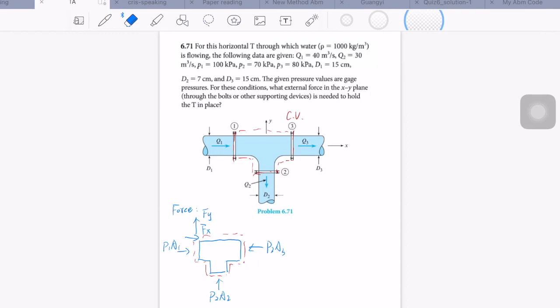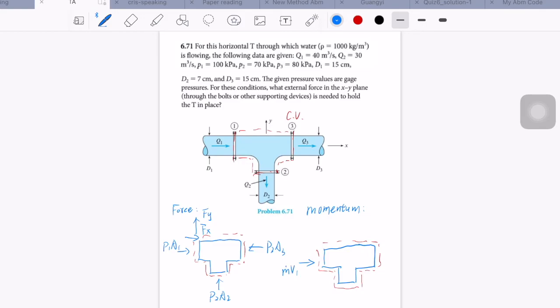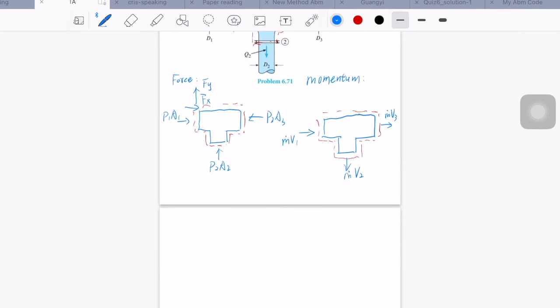And then we need to sketch the momentum diagram. So for the momentum diagram, there is m dot times v1, and there is m dot times v3, there is m dot times v2. And then we apply the momentum equations in x directions.